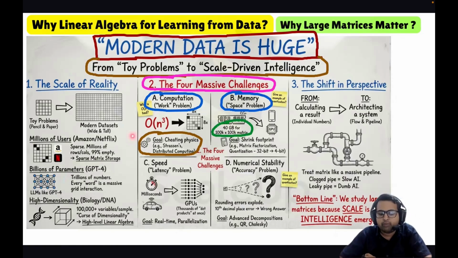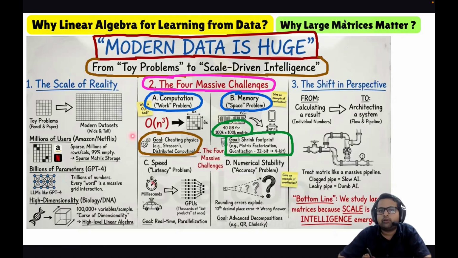So experts make use of matrix factorization and quantization, turning 32-bit numbers into 8-bit or even 4-bit to shrink the footprint of the matrix so that it can fit on a smartphone or a single GPU.